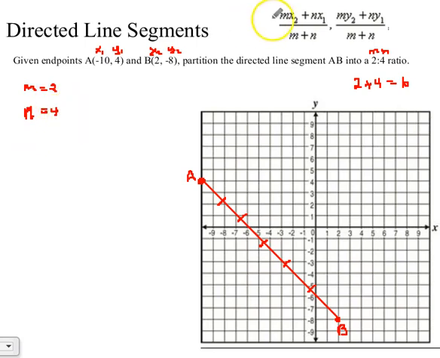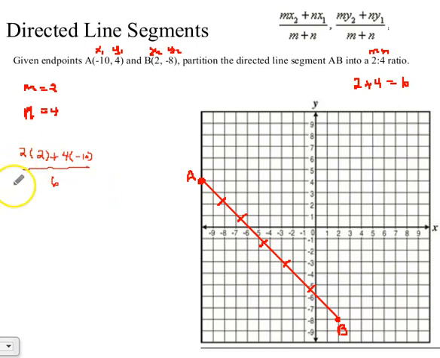So let's go ahead and start with the x's here. We're going to have 2, which happens to be M, times x2, which is 2, plus N, which is 4, times x1, which is -10, divided by M plus N. M plus N happens to be 6. Okay?